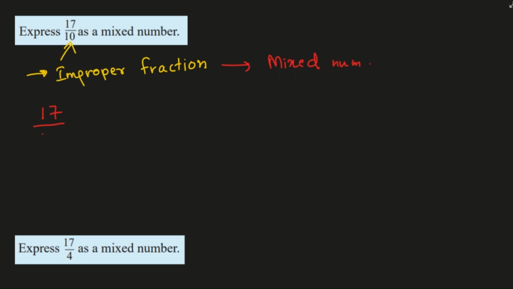What does it mean here? 17 upon 10 means 17 divided by 10. So shall we divide this? How do we divide this? 17 divided by 10. How many tens are in 17? That is 1, no? Then 10 into 1, it's 10. 17 minus 10, it's 7.